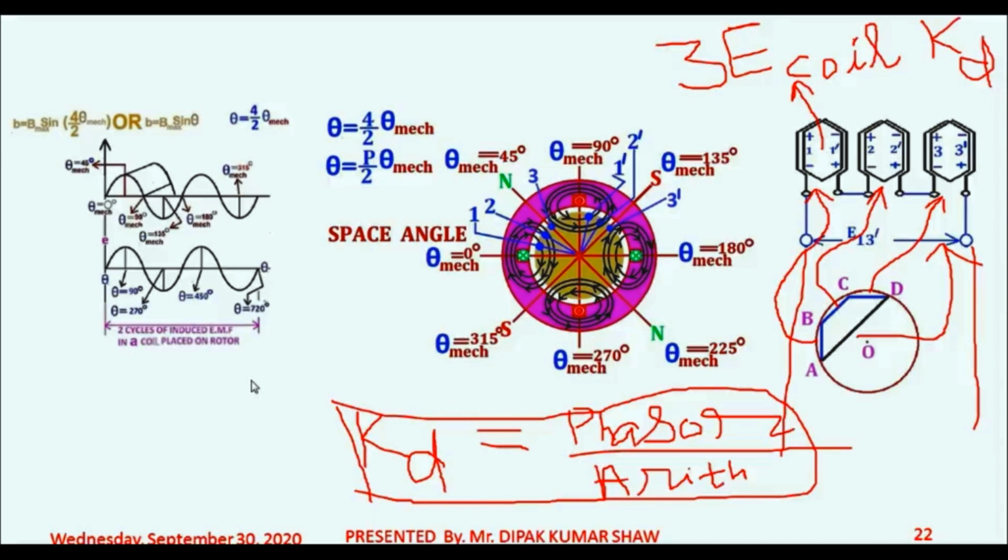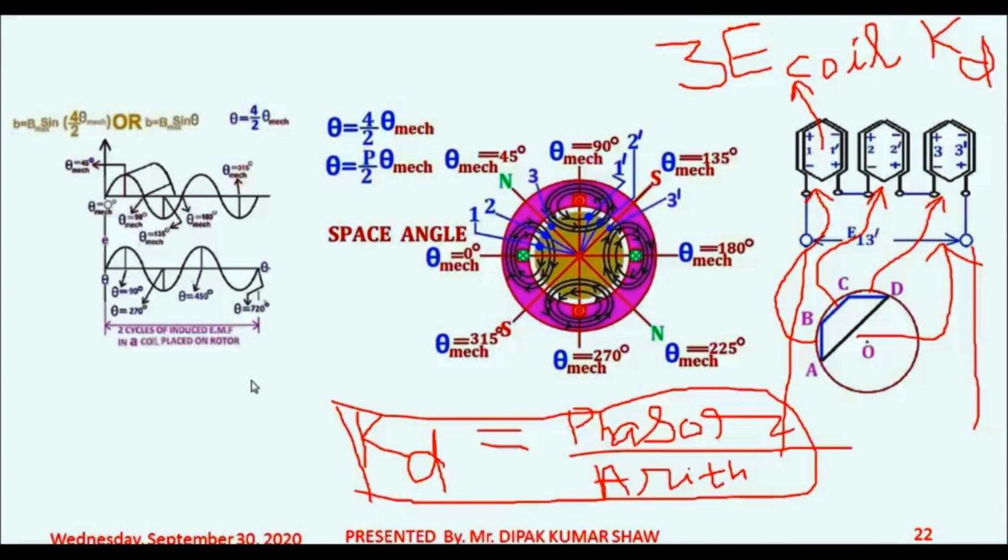So the bottom line is that if you have series connected coils, then EMF induced for those series connected coils would be the arithmetic sum of the EMF induced for the coils multiplied by the distribution factor Kd. Or simply, you just take the phasor sum of the EMF induced for those two or three coils which are connected in series and distributed over the rotor periphery or the stator periphery.